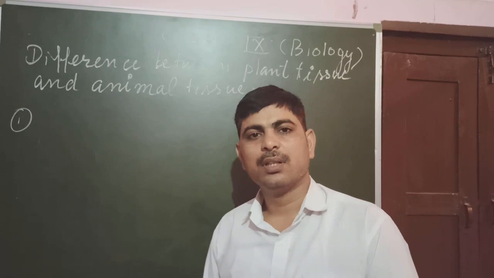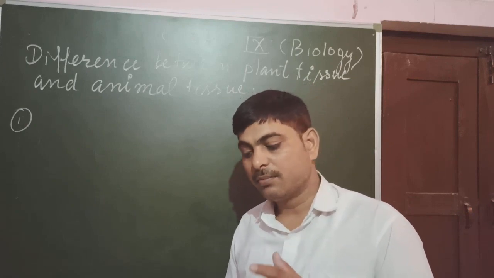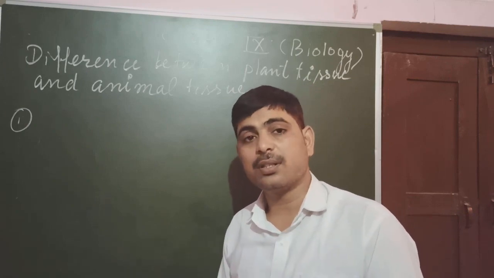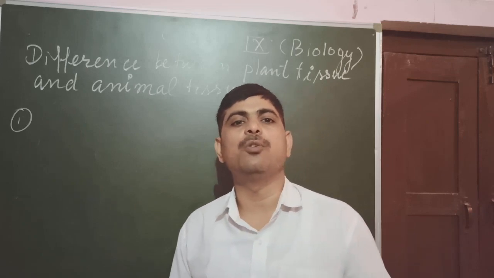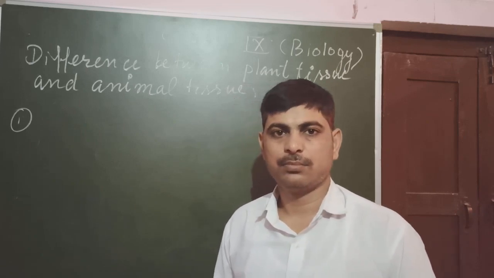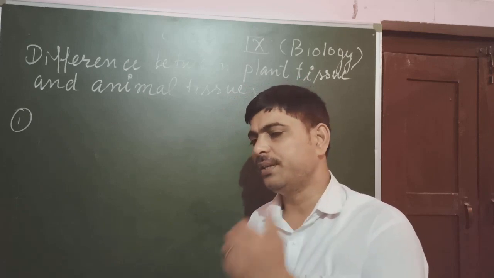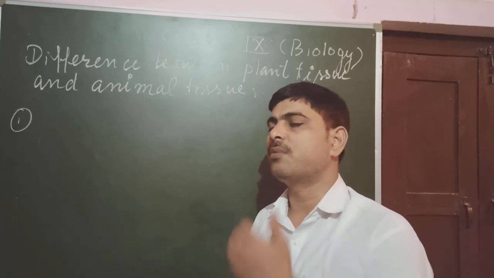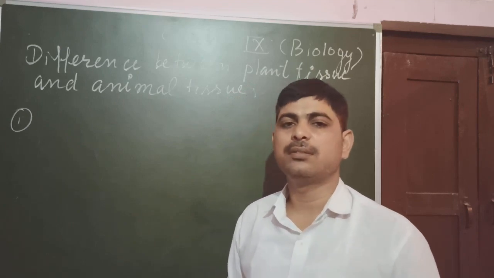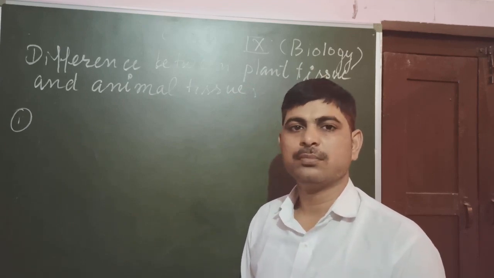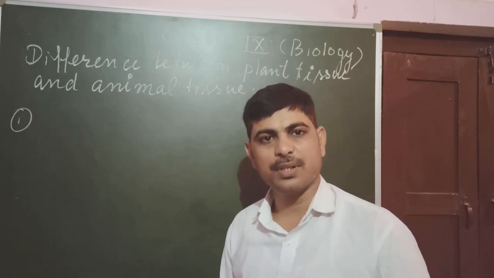Second thing, because the plant is stationary, its energy requirement is very low, because when any living organism moves from one place to another, for any type of performance we need energy. Plants do not move, so they do not require much energy.